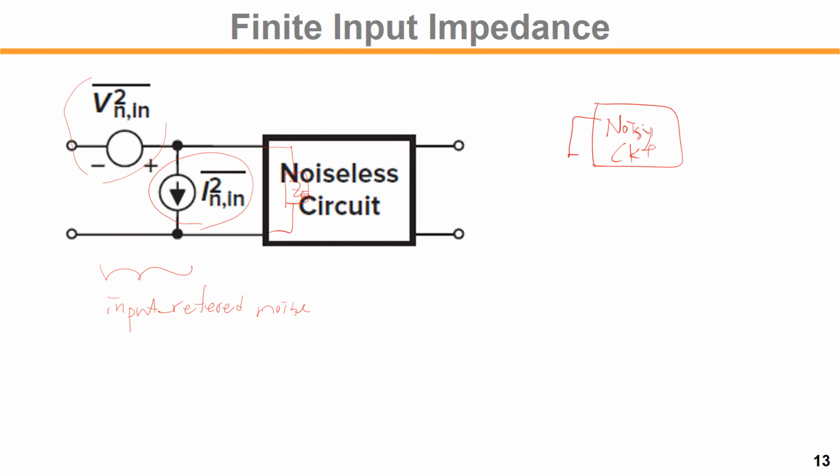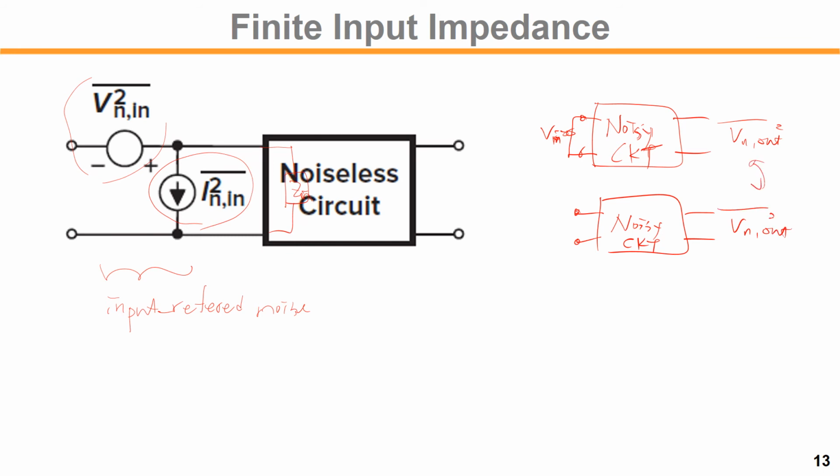Either we tie the input to 0 and we measure the noise, right? And also with the noisy circuit, if you make the input open, you also have noise, right? This kind of noise should be properly captured in the equivalent circuit here.